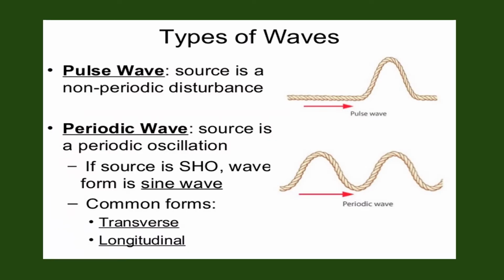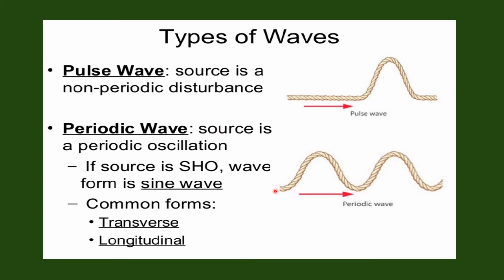So graphically, here's what you're looking at. A pulse wave, in my mind, is just a single disturbance, a one-time thing. One example of this that you might think of is a snap of a whip, or anything similar to that, where you just get that one disturbance and it travels through. In this case, you see in this diagram the whip. That's a pulse wave.